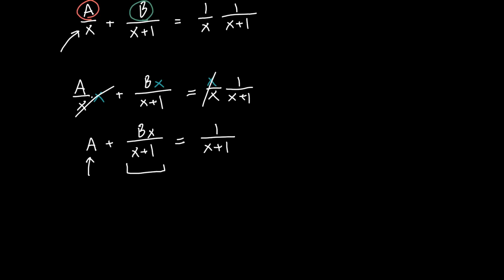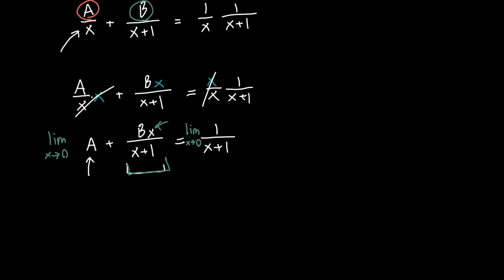Well, we can kind of cheat a little bit. If we take the limit of both sides, what we want to do basically is we want this x here to become 0. We want this term to go away. So if we take the limit as x approaches 0 on both sides, that doesn't change the equality.